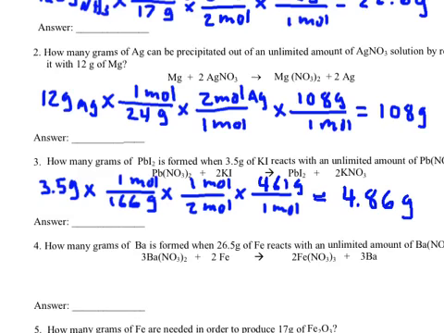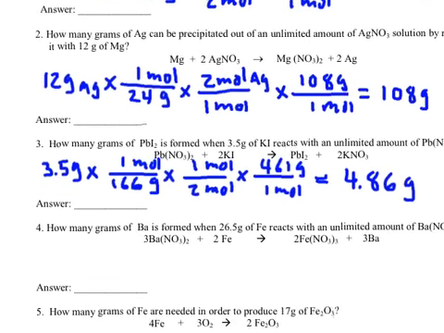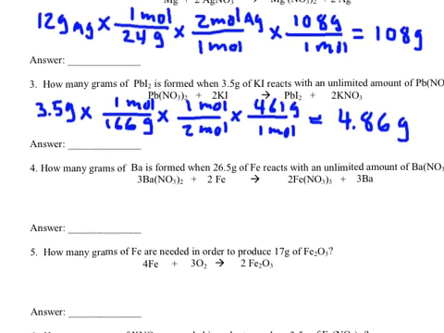Alright, again, we look at number 4 here. Okay, so for number 4, I'm going to start off with this many grams of iron and see how much barium I can make. So, 26.5 grams. There's nothing else to start with.